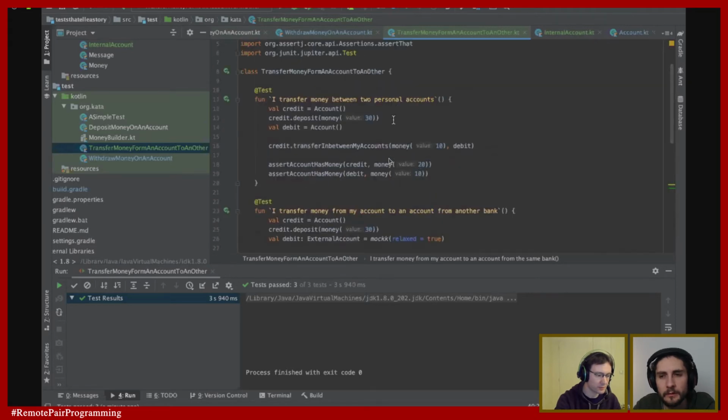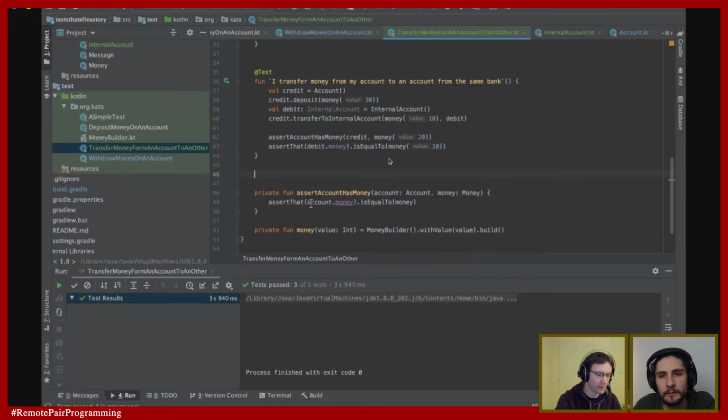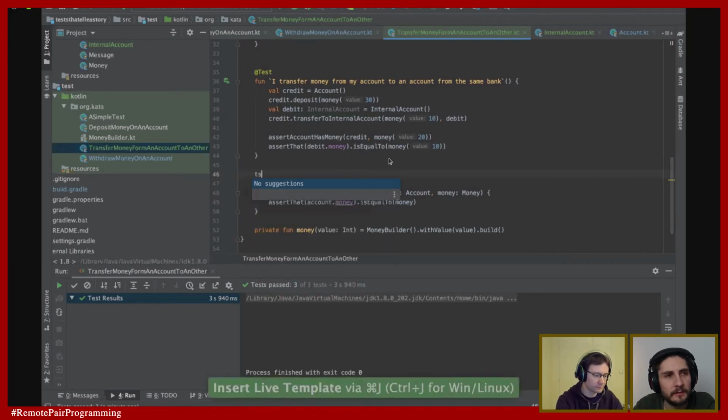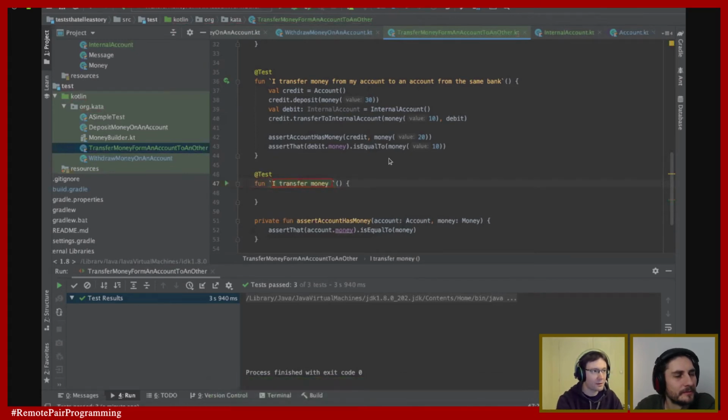I would go now on the negative scenarios where I transfer money between my accounts, but something goes bad. This is fun because we need to use a stub to generate an exception or something like that. We can, or not, because we already have these failures, which are not exceptions, when we do not have enough money on our account. So we can try to transfer money from an account which has no money on it.